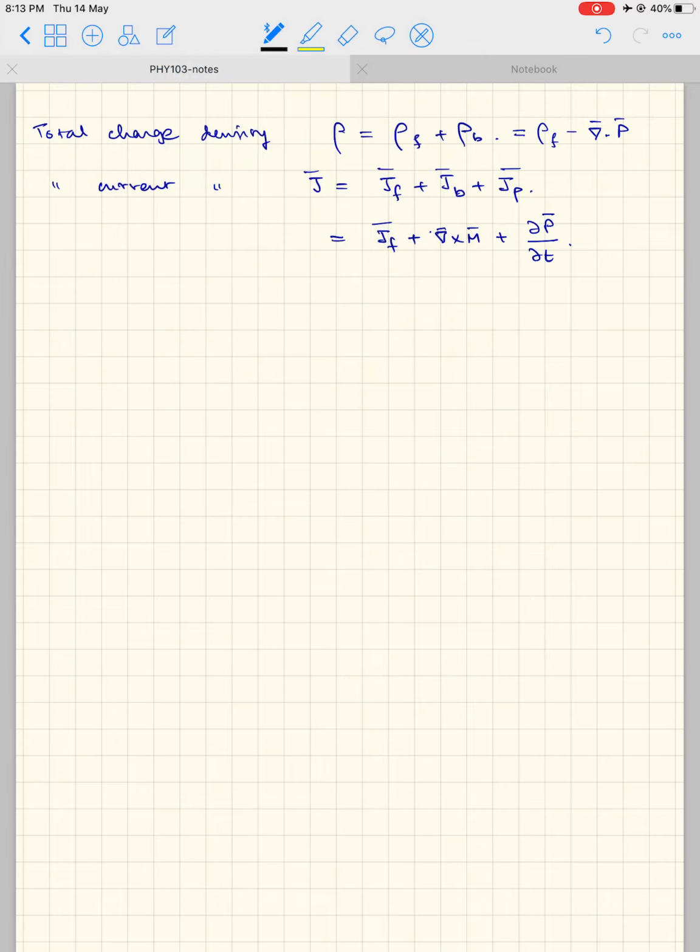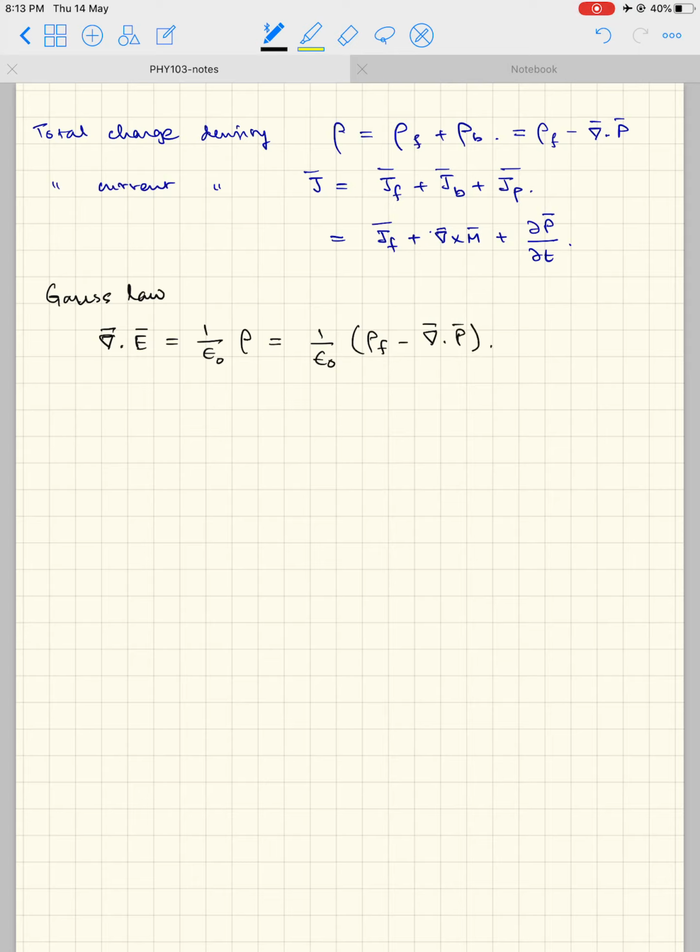So now, Gauss's law. Gauss's law is what? It's del dot E is 1 over epsilon naught into rho. Now rho is rho f minus the divergence of P, so this is 1 over epsilon naught times that.